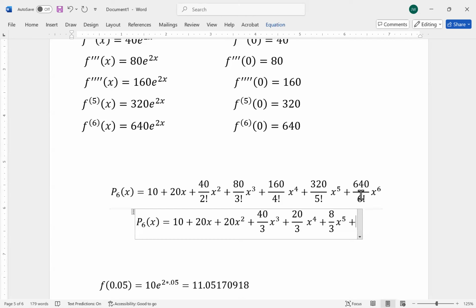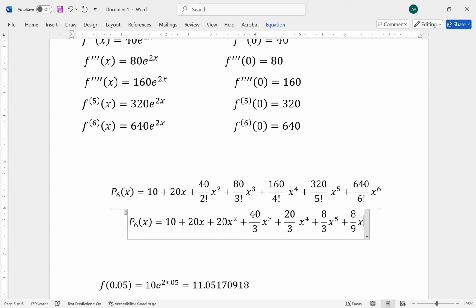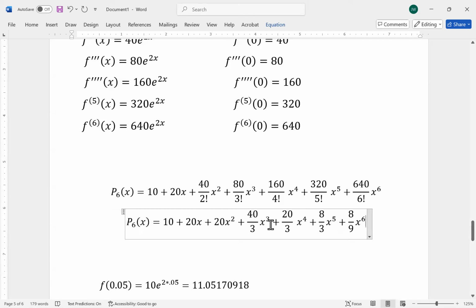And then 640 divided by 6 factorial gives you 8/9. So 8/9 x to the sixth. And there you go.